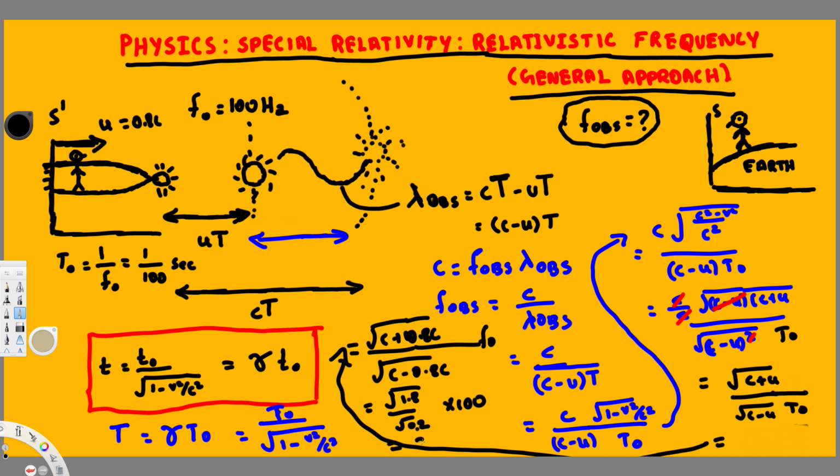So this is going to be 3 times 100, and that's equivalent to 300 hertz. So this is the frequency observed by the person on the earth: 300 hertz. And that's how we do these kinds of problems. I hope you guys find this video helpful. See you next time.